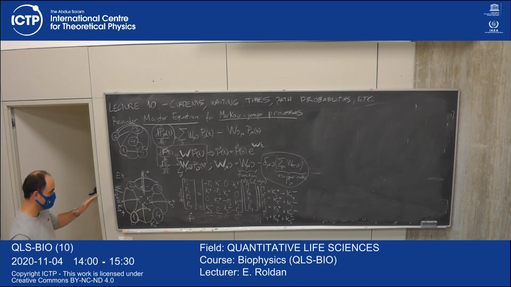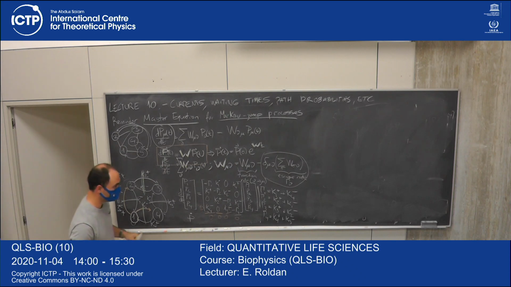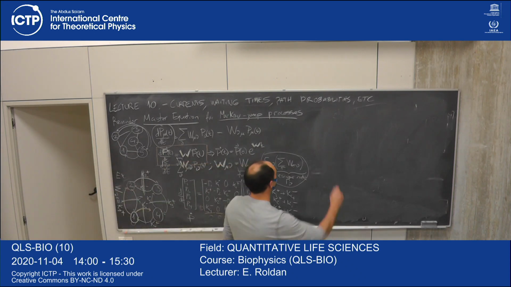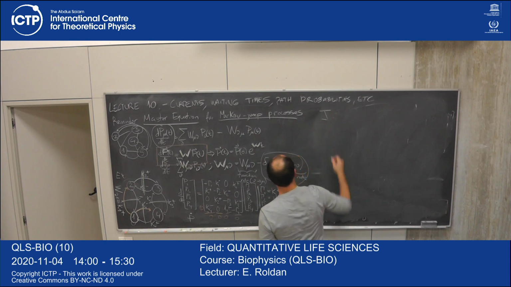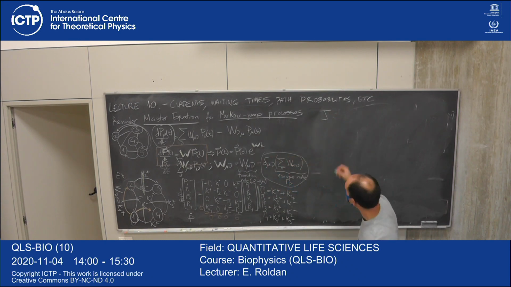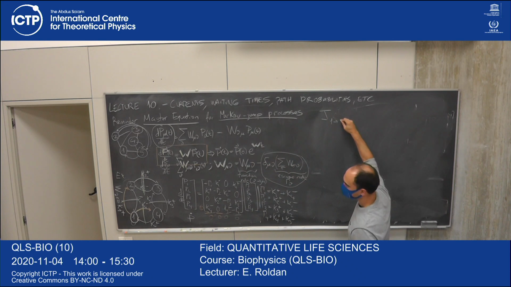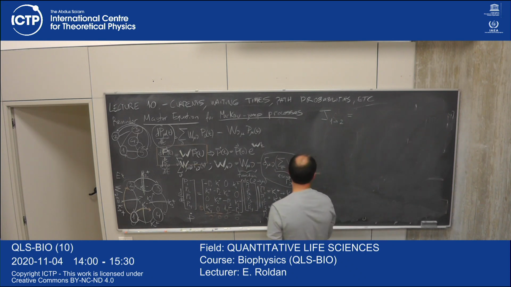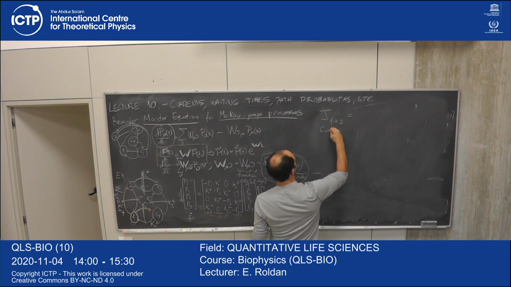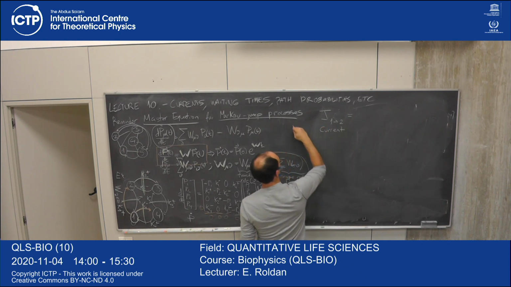There can be probability currents. So, for example, I can define the current from 1 to 2. This is the probability current.